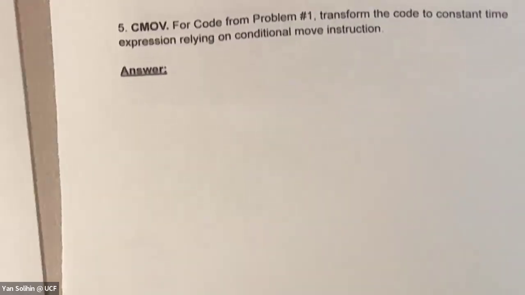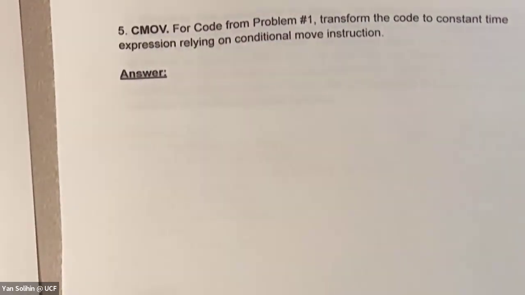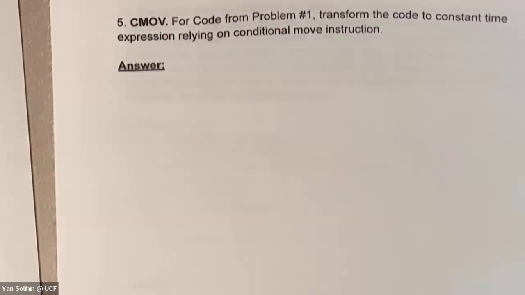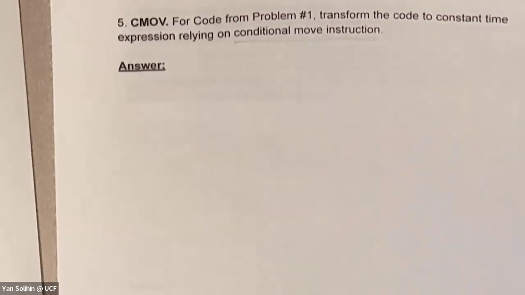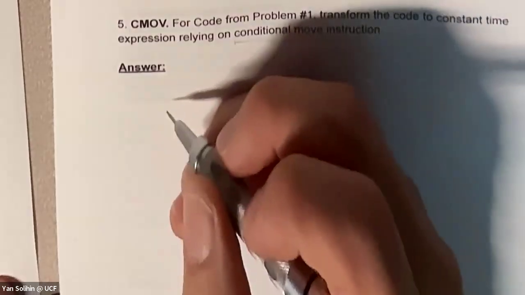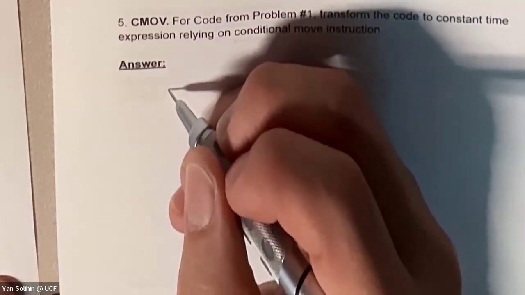Let's continue for problem 5. Problem 5, look into code from problem 1 and transform the code to a constant time expression, but relying on hardware support, in this case, a conditional move instruction. For the conditional move instruction, it will be pretty straightforward.